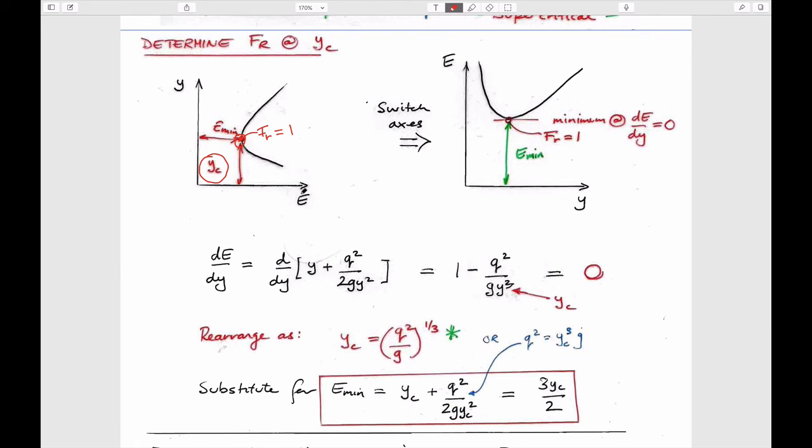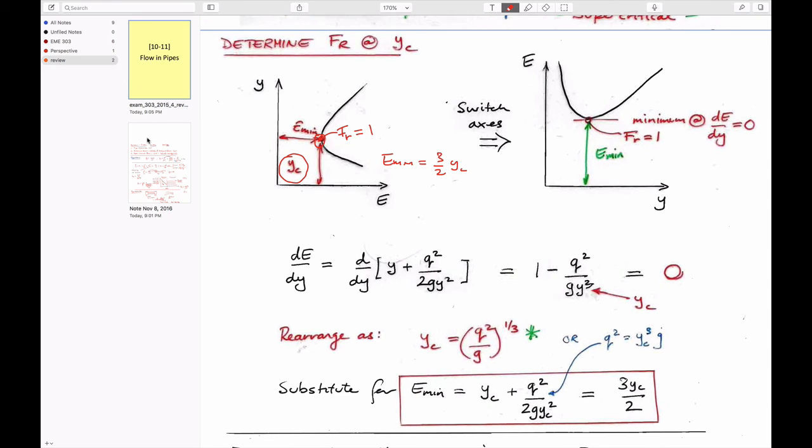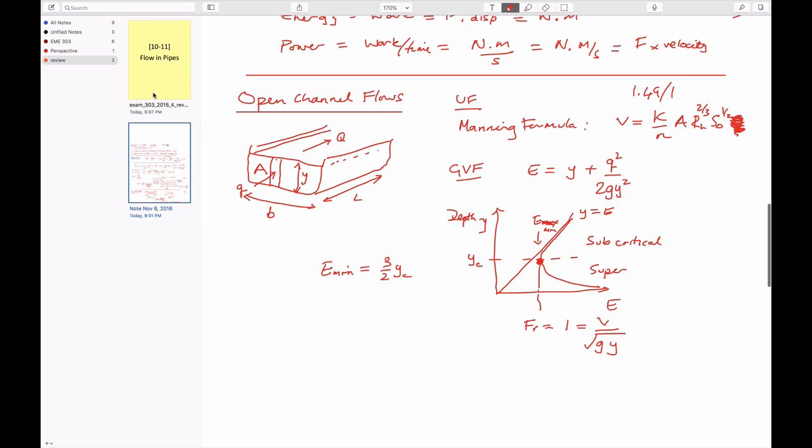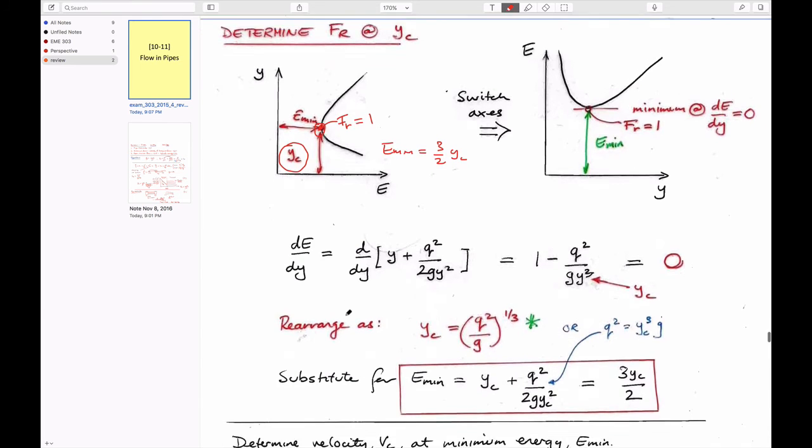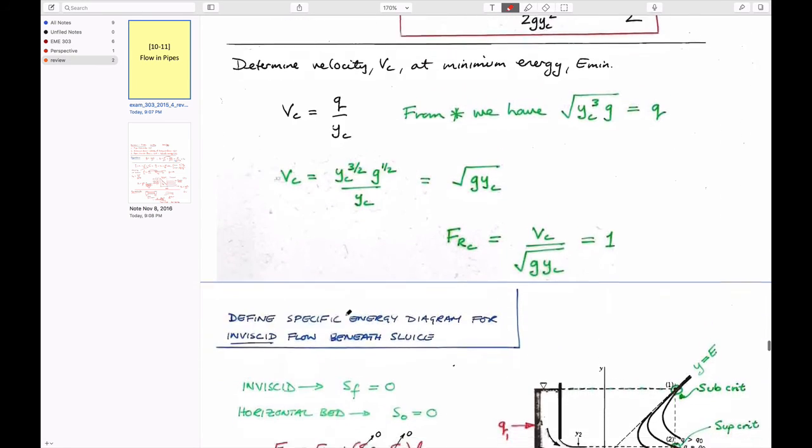And these two terms are related by the minimum energy is equal to 3 over 2 times yc. And I should check that we wrote 3 over 2 rather than 2 over 3. Yeah, we did.